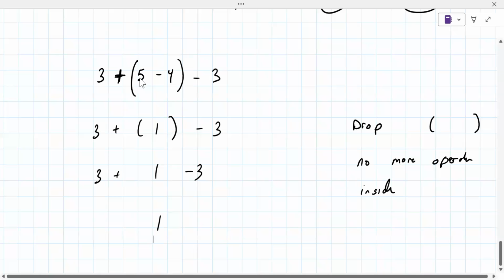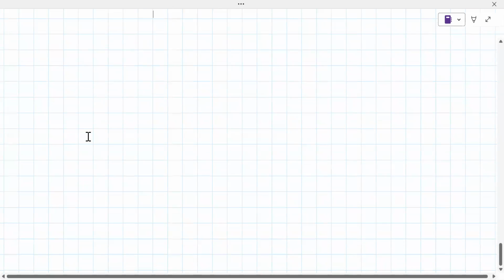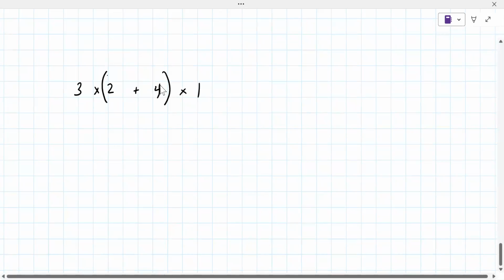Now, in this problem, it actually would have given you the same result with or without parentheses, but here's where it doesn't. So when we start mixing multiplication, division, addition, subtraction, let's say we have 3 times 2 plus 4 times 1. Now, as soon as I put parentheses in here, you have to do this first.